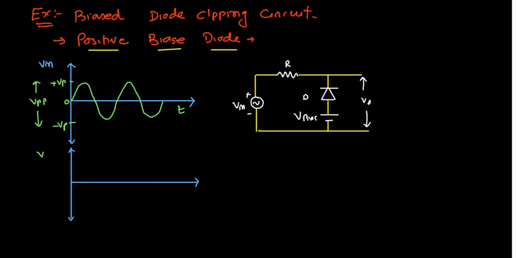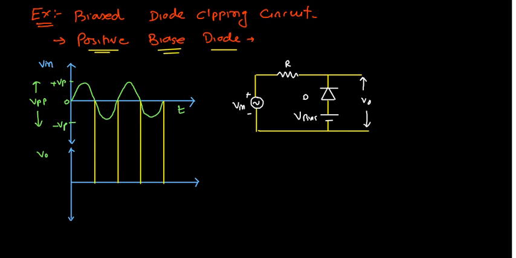So over here I am writing V output, and let me take all the points so that it will be easy to understand. This positive half cycle, this negative half cycle, this one positive half cycle, and this one is a negative half cycle.